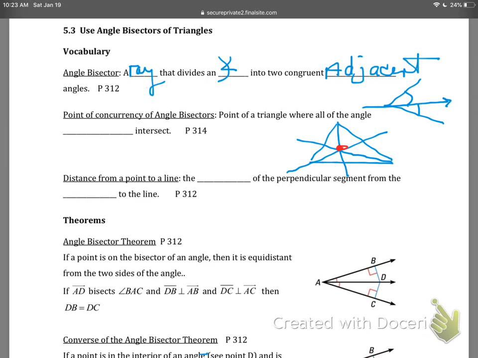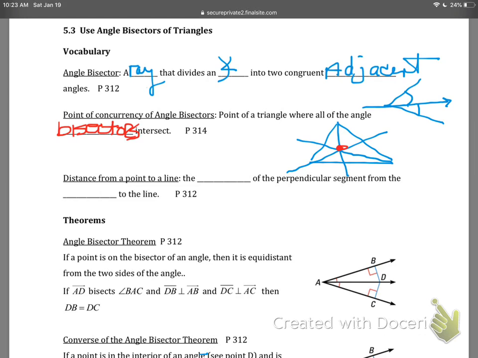That is the point of concurrency of the angle bisectors. So a point of a triangle where all of these angle bisectors intersect. Okay, that's the point of concurrency.